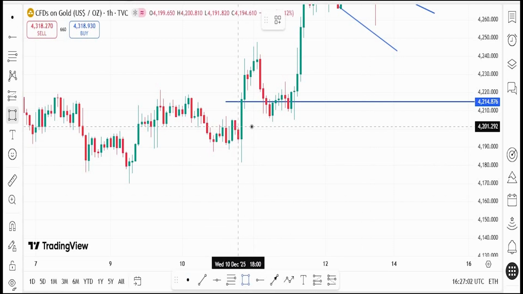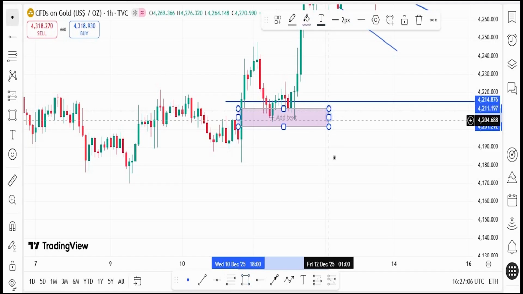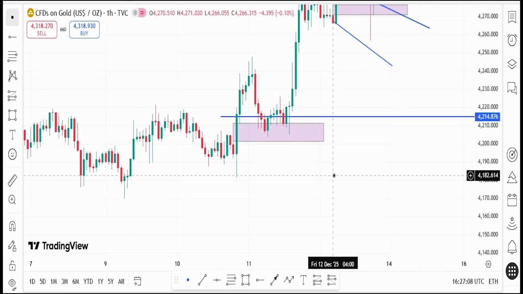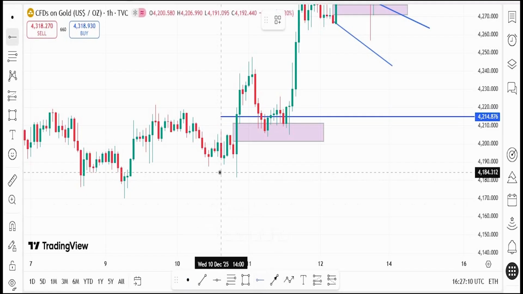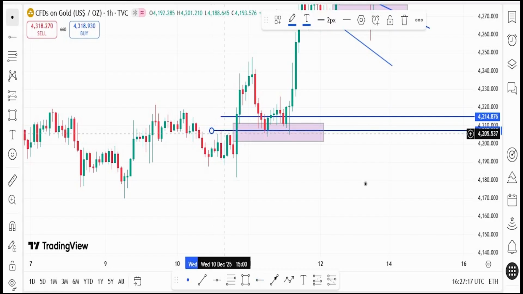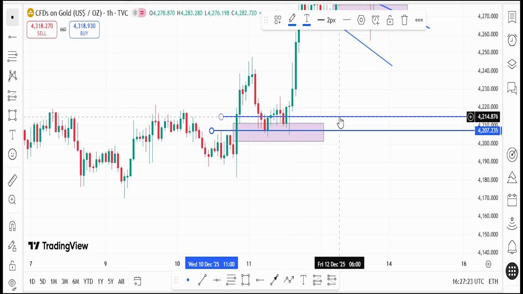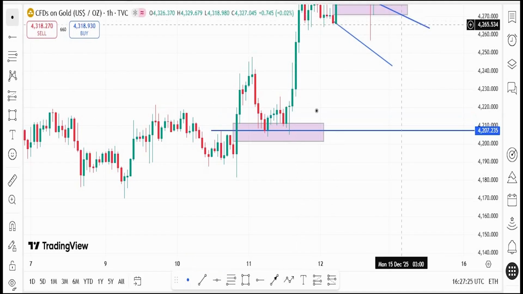Now let's draw the fair value gap, which is this one. And if you notice, we are having a small high just behind the fair value gap, which could have been our sniper entry. If we had to trade it, that could have been our sniper entry.